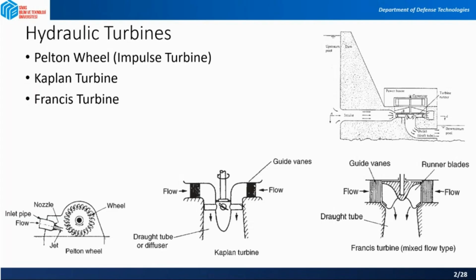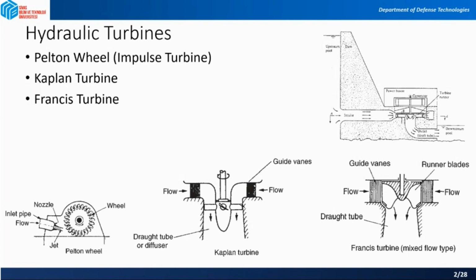And generally, for a given set of operating requirements, one type of turbine is best suited to provide optimum conditions of operation. In hydraulic turbines, water is used as the source of energy, and water or hydraulic turbines convert the kinetic and potential energies of the water into mechanical power.